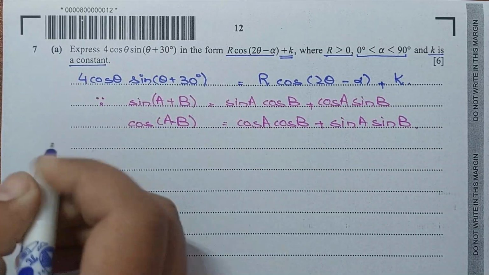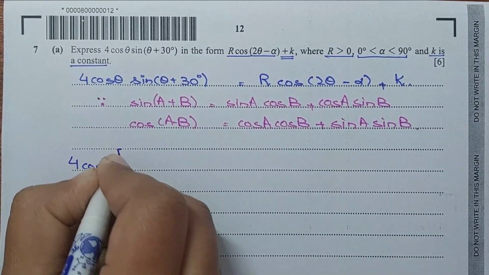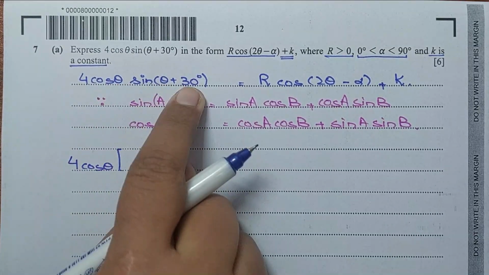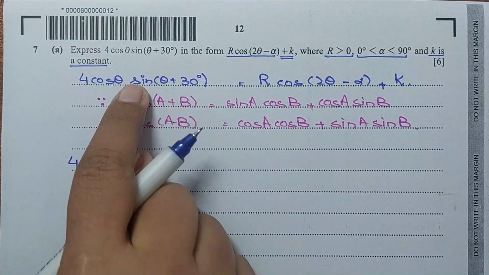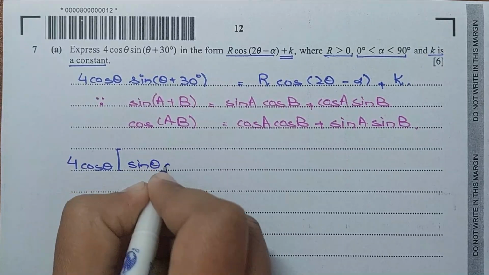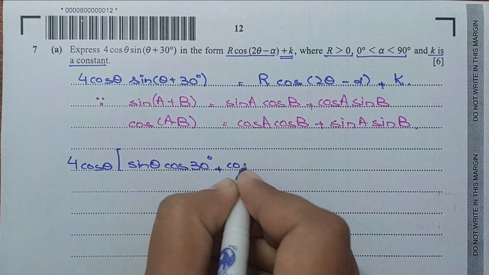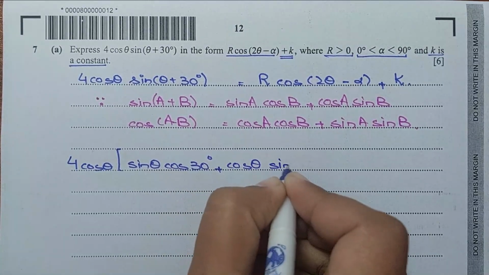Okay, let me open these two formulas. 4 cos theta is as it is. Sine (theta plus 30 degrees), sine (a plus b): sine a cos b, sine theta cos 30, plus cos theta sine 30.